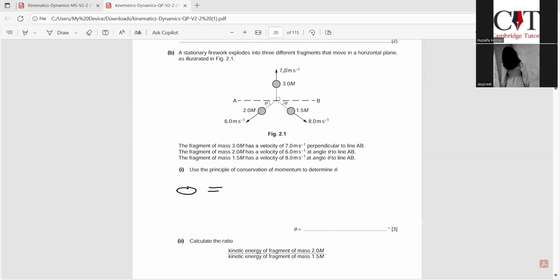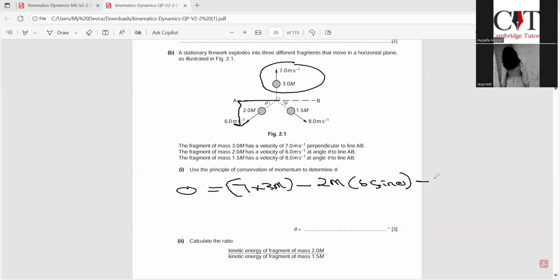Now, if I take the vertical motion, I know that it would be 7 into 3m, right? Yes, sir. And for this, it would be minus 2m into 6 cos, sorry, 6 sine theta, because it is vertical, right?